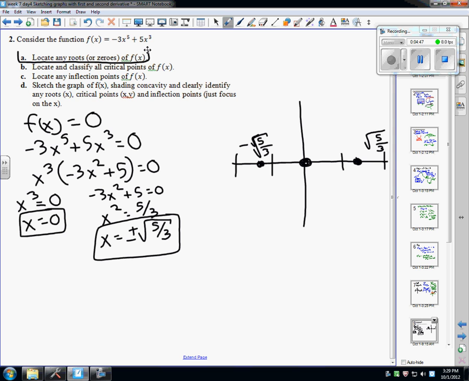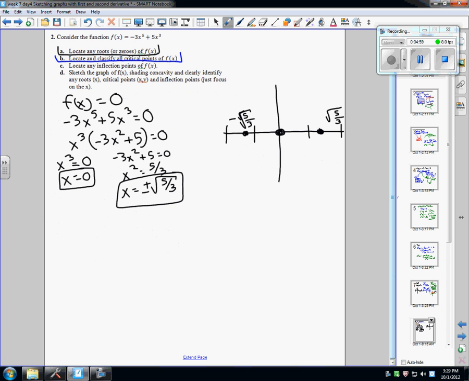So now let's locate any critical points. I'm highlighting that in blue because that's all about the derivative. So I need to look at the derivative. Luckily, this is a nice one: negative 15x to the fourth plus 15x squared.